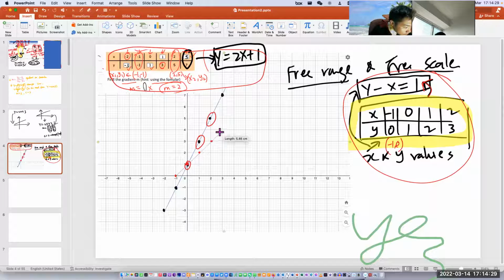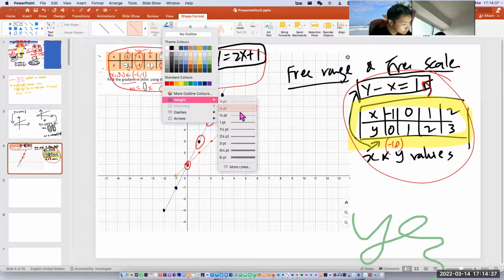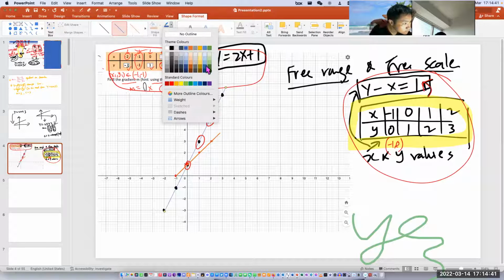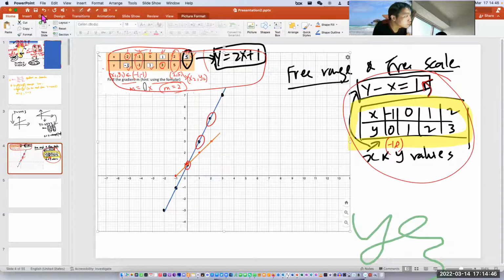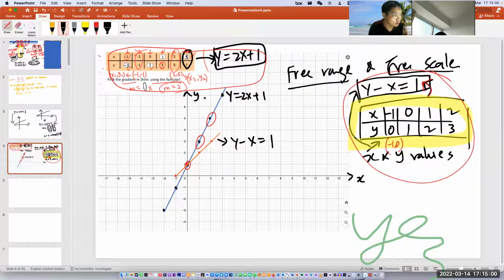Okay, good. So label. This is my y minus x is equal to 1. This one is my y equals to 2x plus 1. And then this is the x-axis, and this is the y-axis. So far so good. How you sketch.